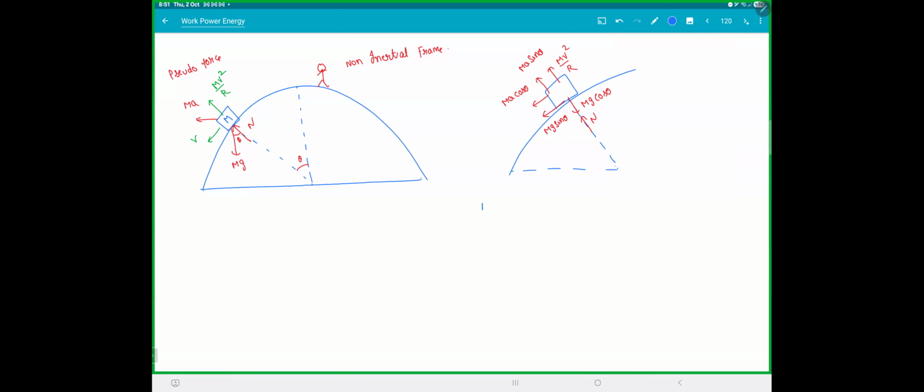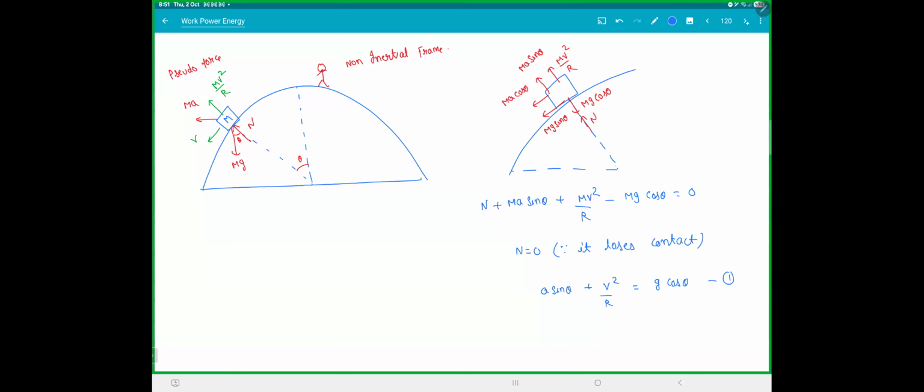So we'll have N plus ma sin theta plus mv square by r balancing mg cos theta. N is 0 since it loses contact. So you end up with a sin theta plus v square by r is equal to g cos theta. Keep this as one equation.